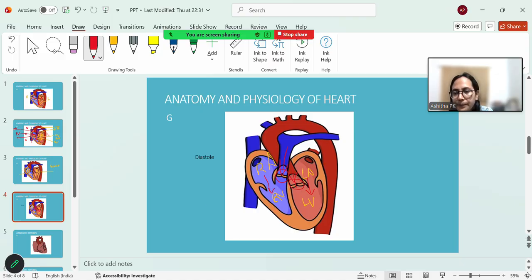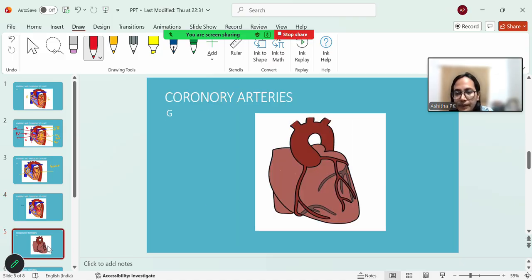Then, as we all know, the whole body needs oxygenated blood to function properly. Like other organs, the heart muscles also need oxygenated blood to function.